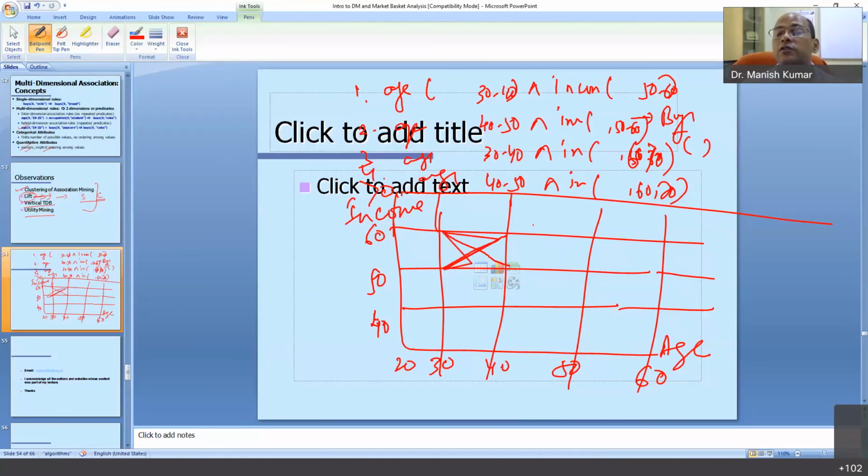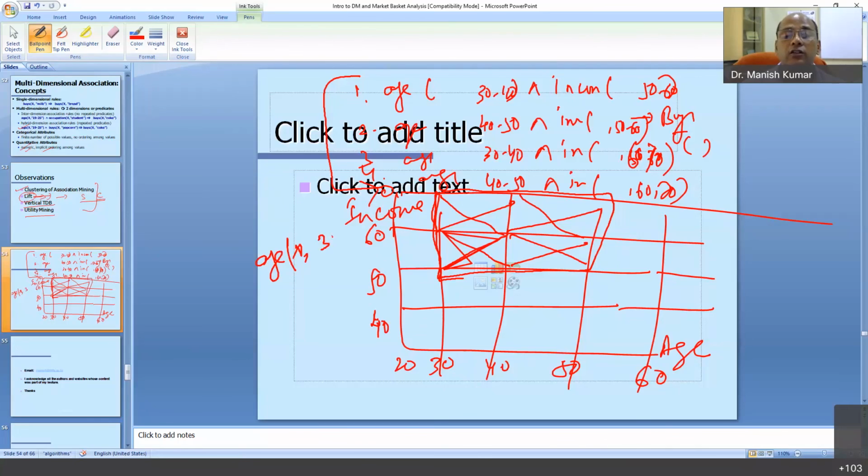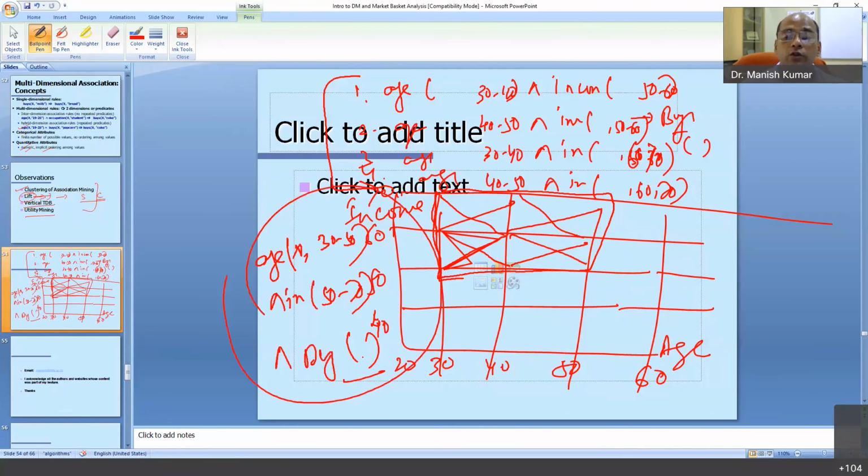The second, the third, and the fourth are each marked on the grid. If you see this grid, you'll find that it is very uniform. So I can merge these and have age as 30 to 50 and income as 50 to 70, and can go for buying something. So these four can be merged into this. This is known as clustering of association rules.